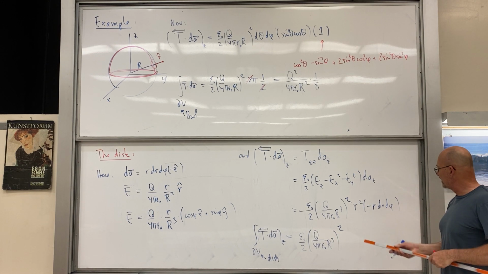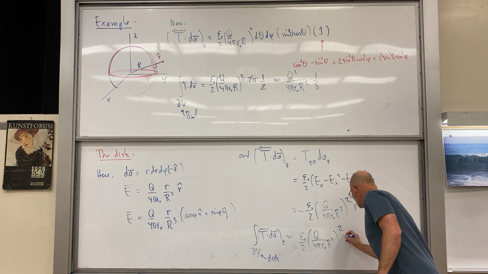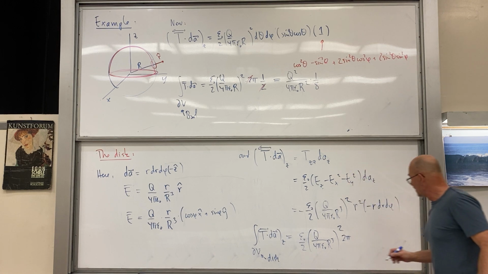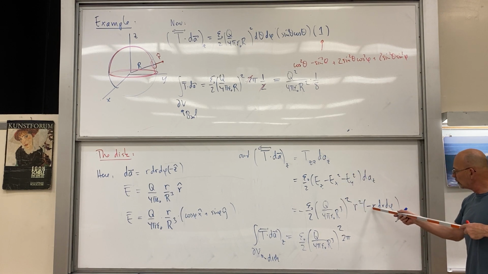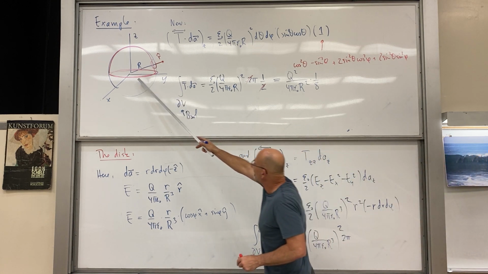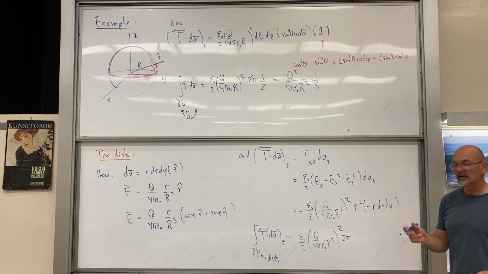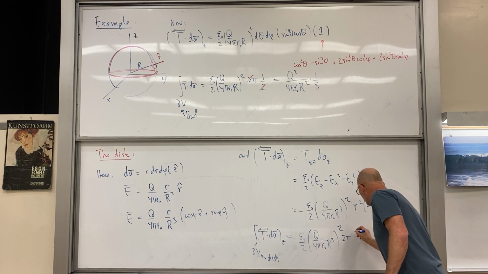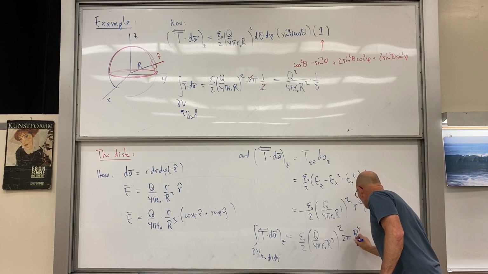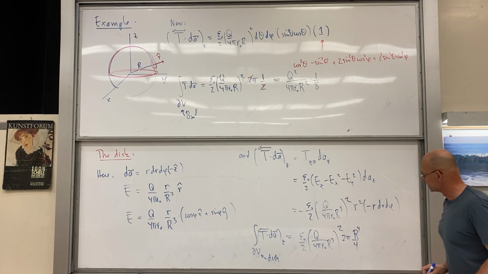Again, no explicit phi dependence, so we've got the 2 pi right there. And then we have r cubed integrated from 0 to capital R. So that's r to the 4th over 4.